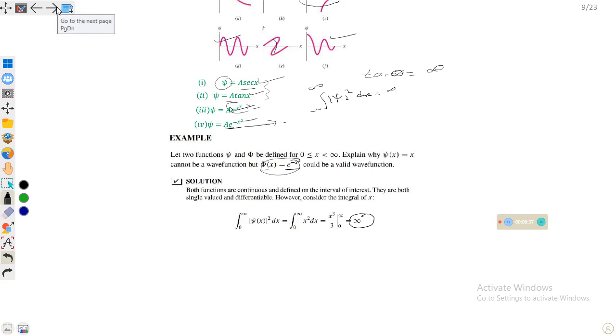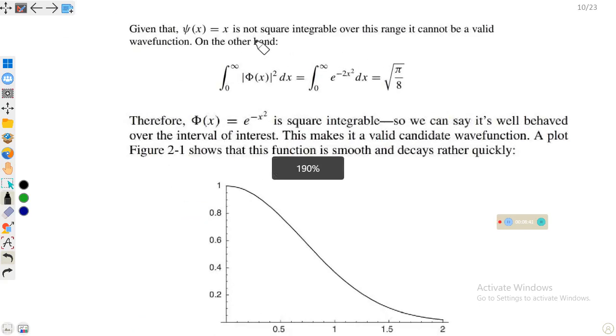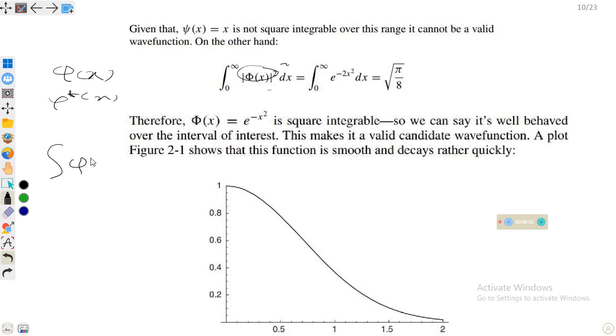So let's go to the solutions. If we integrate phi of x square dx from 0 to infinity, it gives some finite value. Phi of x is given, so you can find phi star of x. Putting phi and phi star of x, it will give us phi modulus square dx.